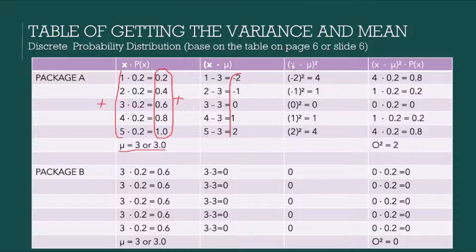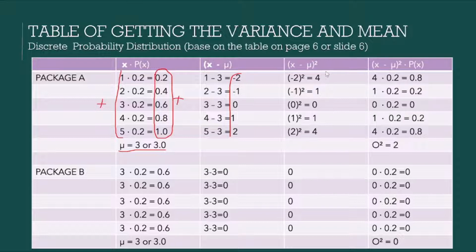We're going to square our answers from here. So negative 2 squared is equal to 4, negative 1 squared is equal to 1, 0 squared equals 0, 1 squared equals 1, 2 squared equals 4.